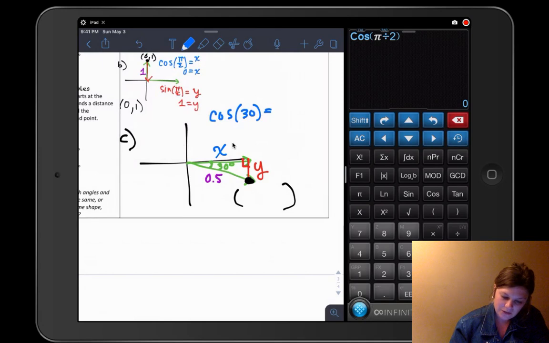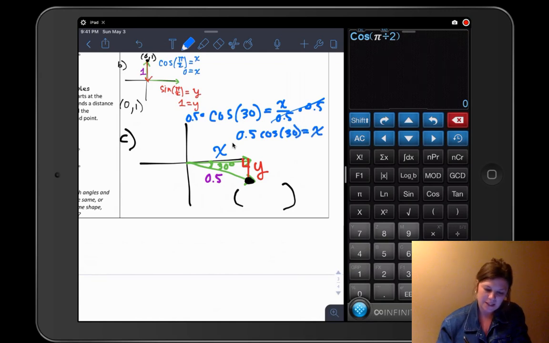So we have x over 0.5, and then to solve, I would just multiply by 0.5 on both sides. In the future, I'm just going to skip that part and just write it as 0.5 times cosine of whatever, or 3 times cosine of whatever. But we have 0.5 times cosine of 30 is equal to our x value.